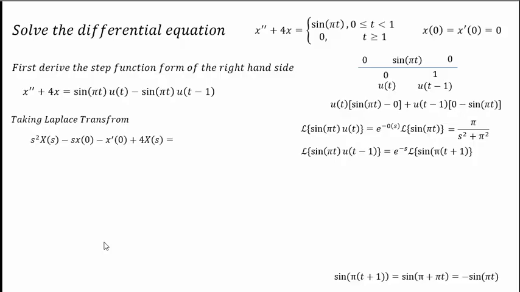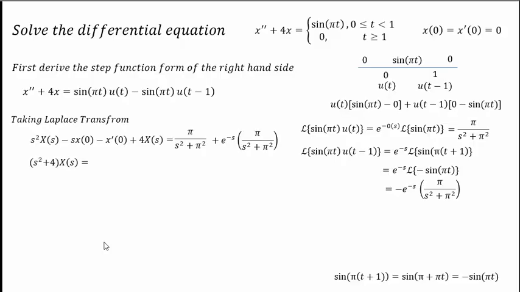You can distribute pi, you get pi t plus pi. And then, as you see here, it is going in the third quadrant because you have pi plus. In the third quadrant, sine is negative, that's why negative sine pi t. So we just plug all this here. After simplification and putting all the initial conditions, we get this X(s) function.